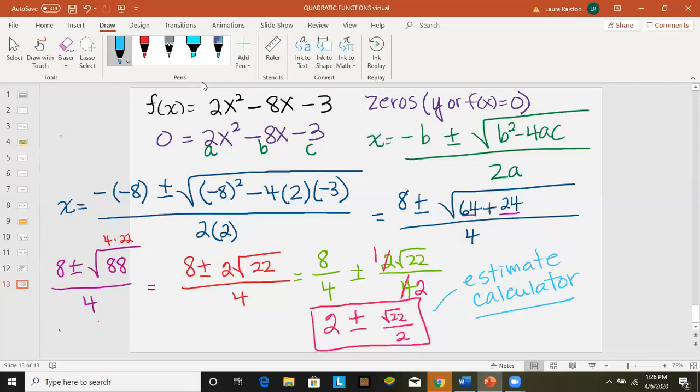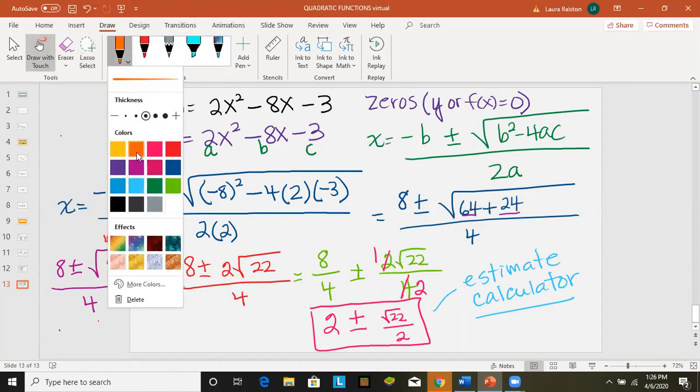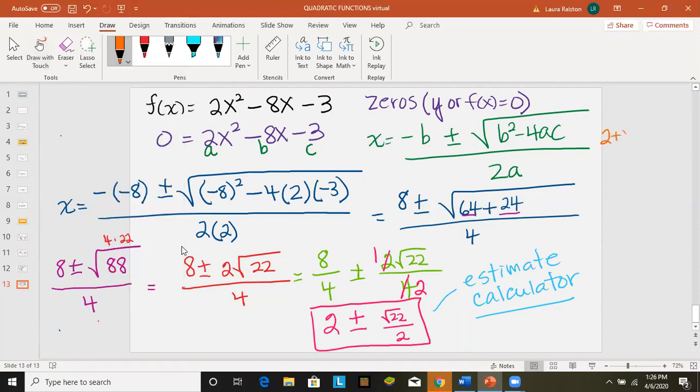And I get about 4.3. Okay, so when I do the calculations, 2 plus the square root of 22/2, I get approximately 4.3.